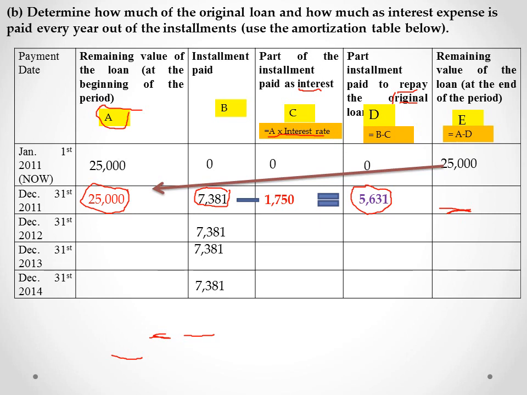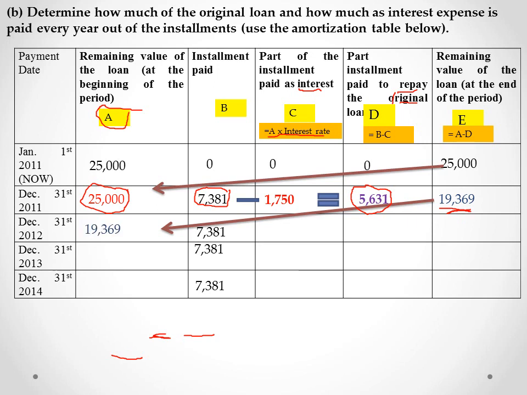So we need to know how much remaining amount out of the installment will be used to repay the original loan. So the total installments is 7,381. 1,750 out of this will be paid to repay the interest, so the remaining will be used to repay the original loan.